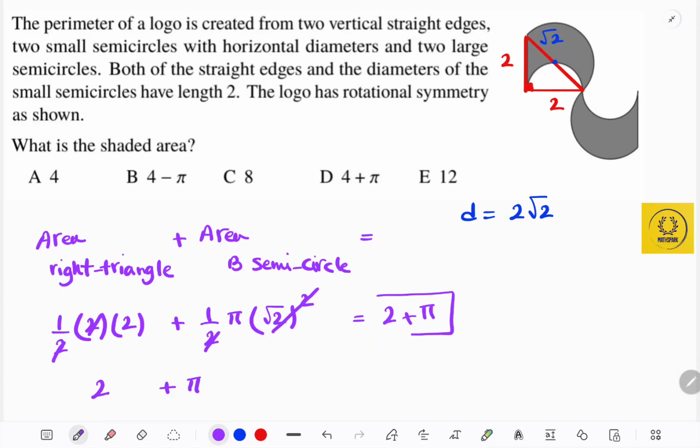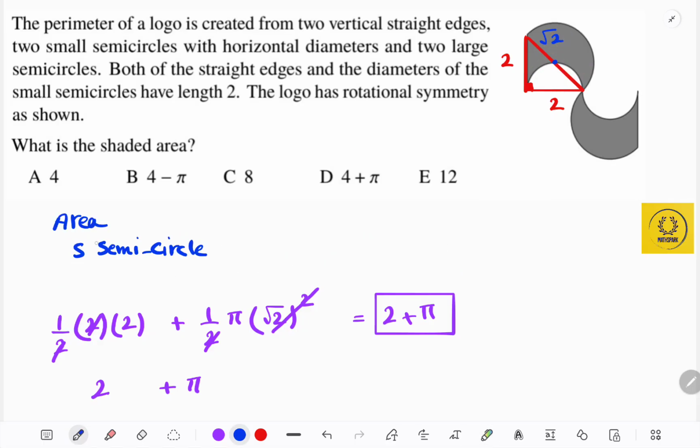pi. Okay, and now for shaded area, which is this part, I'm gonna subtract the area of this small semicircle from our total answer. So the area of a small semicircle is half of pi r squared, which is 1 squared. So our answer is pi halves.